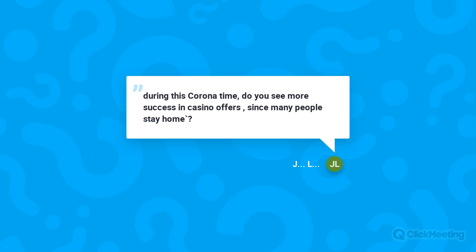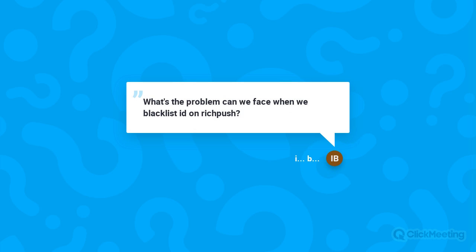All right. Let's move to another question. What problem can we face when we blacklist an ID on RichPush? I think there's none. You can just blacklist a huge source and you won't get traffic from it, because there can be bad days and good days.